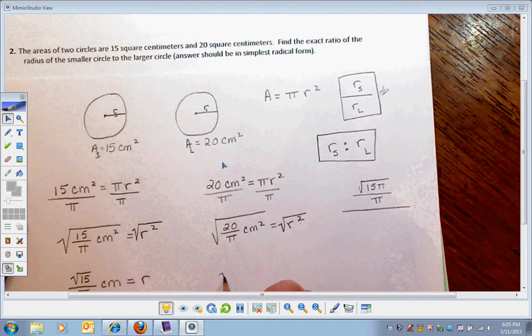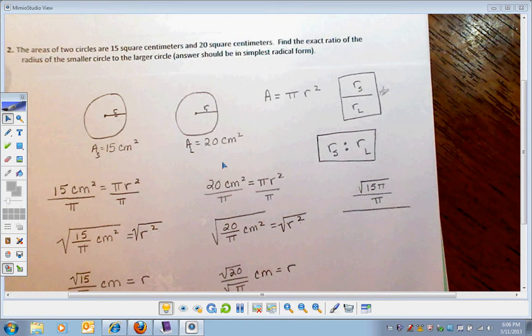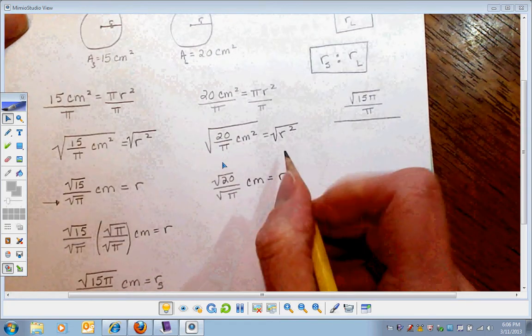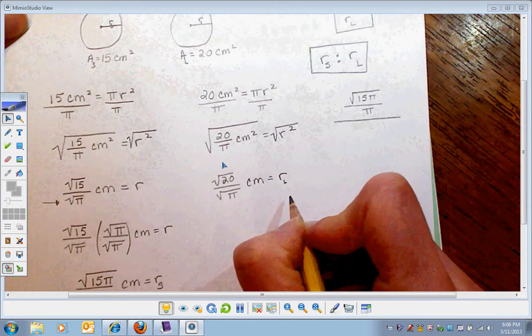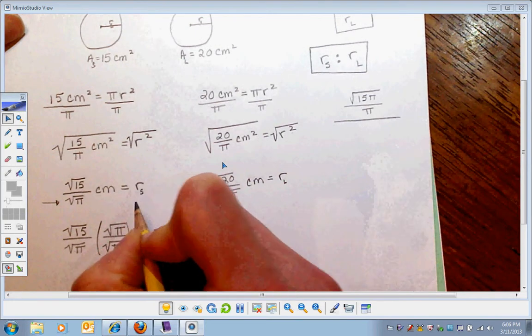So that gives me the square root of 20 over the square root of pi centimeters is equal to my radius. So this is my radius long. I should be putting an L there for radius long. And this here was radius short or small.